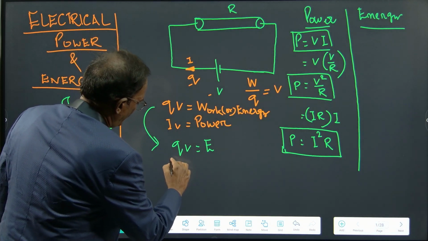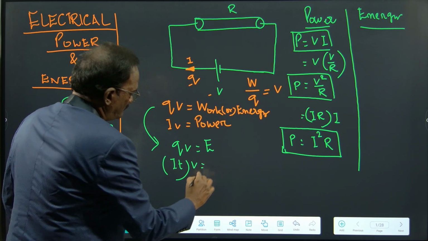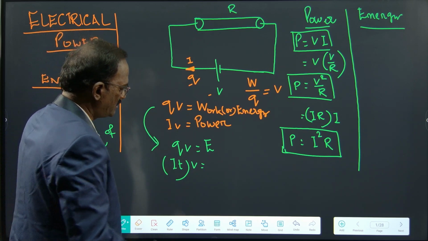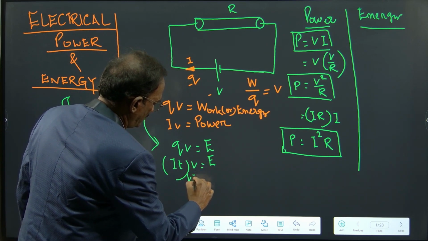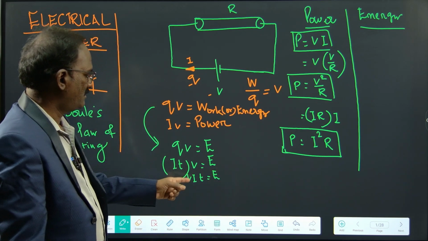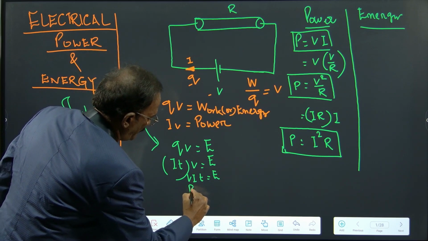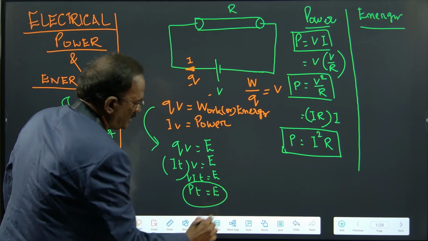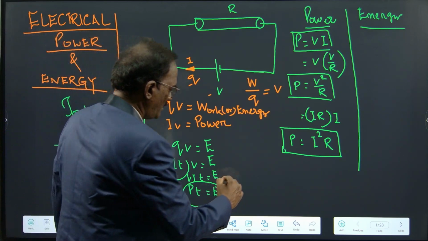Q we will write as I into T. I is equal to charge by time, so Q is equal to I into T. So this is E is equal to V into I into T. I am grouping V into I. VI is equal to P. PT is equal to E. So the energy is nothing but power multiplied by time.